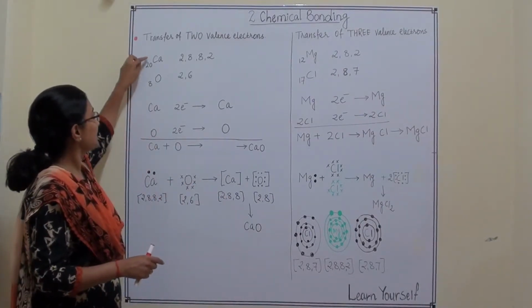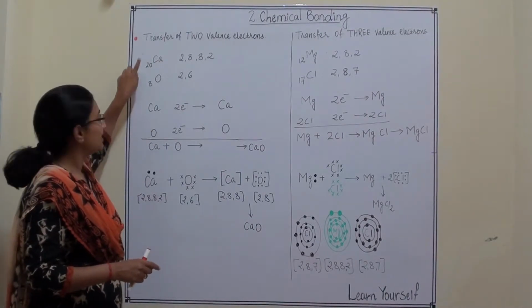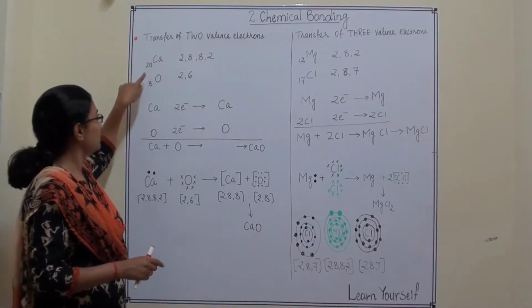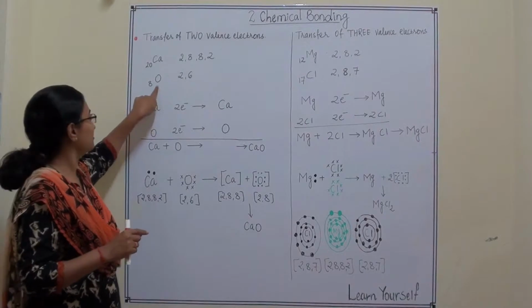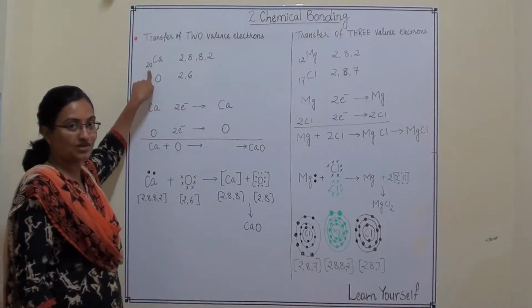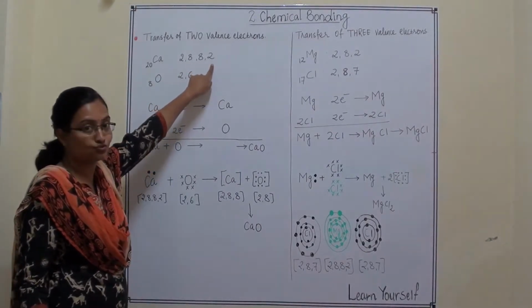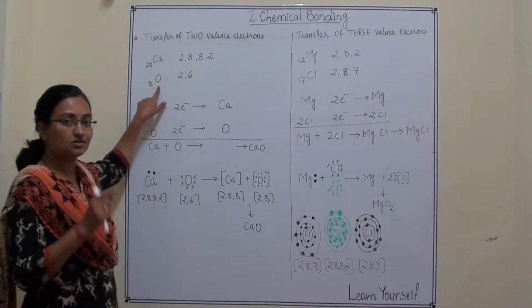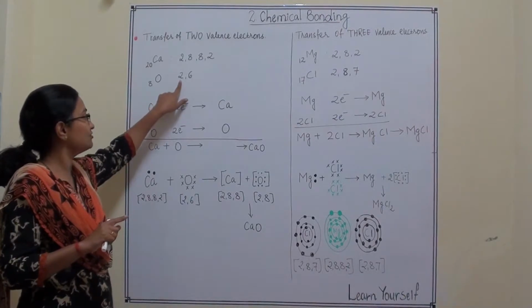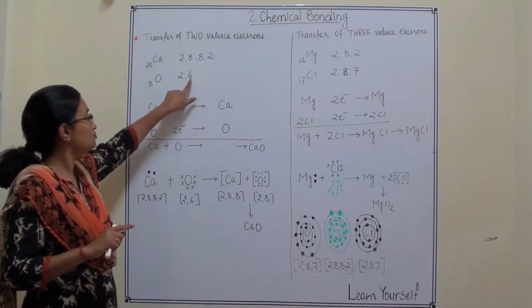So first, calcium oxide. In that, calcium is a metallic atom and oxygen is a non-metallic atom. Calcium's atomic number is 20, so its electronic configuration is 2, 8, 8, 2, whereas oxygen is a non-metallic atom with atomic number 8, so its electronic configuration is 2, 6.